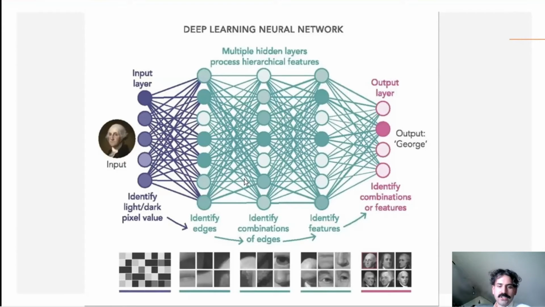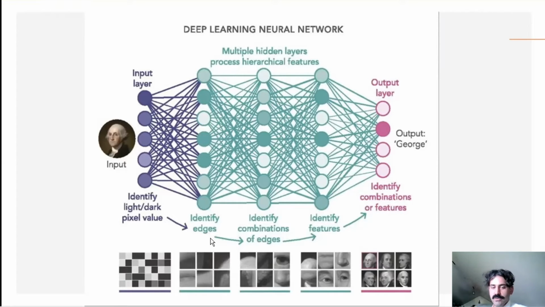It's showing what each of the different layers are potentially doing. The input layer here is telling us that it's identifying light and dark pixel values. Then it gets passed on to the next layer. Each neuron is passing its output to each neuron in the next layer, and those are making calculations, performing a function on those inputs.